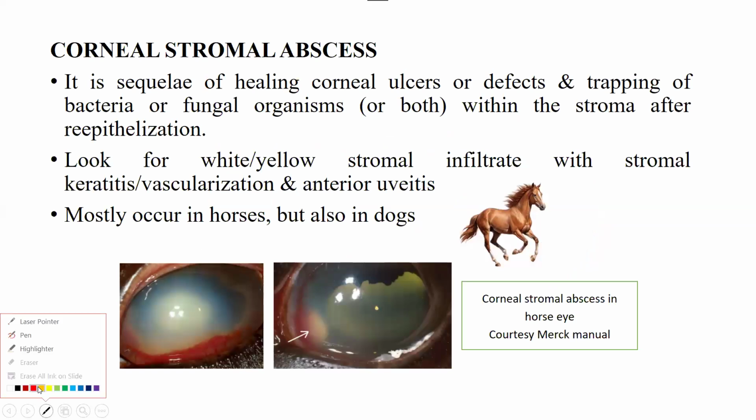Basically, corneal stromal abscess is a sequela of healing corneal ulcers or defects and trapping of bacteria and fungal organisms within the stroma after reepithelialization.